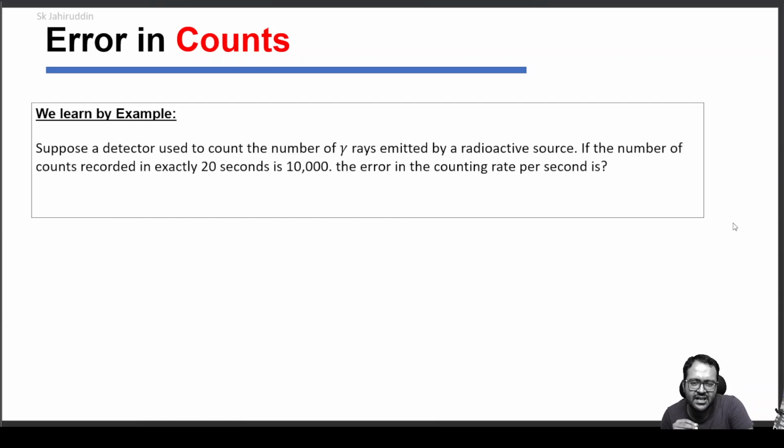We have a detector and we are counting the number of gamma rays emitted by a radioactive source.